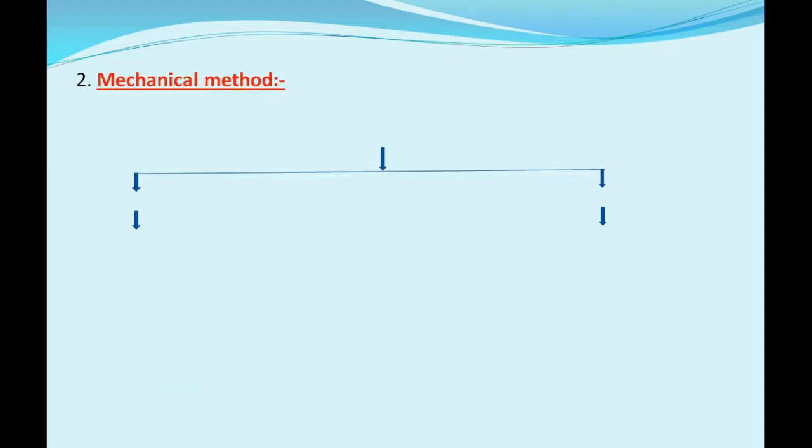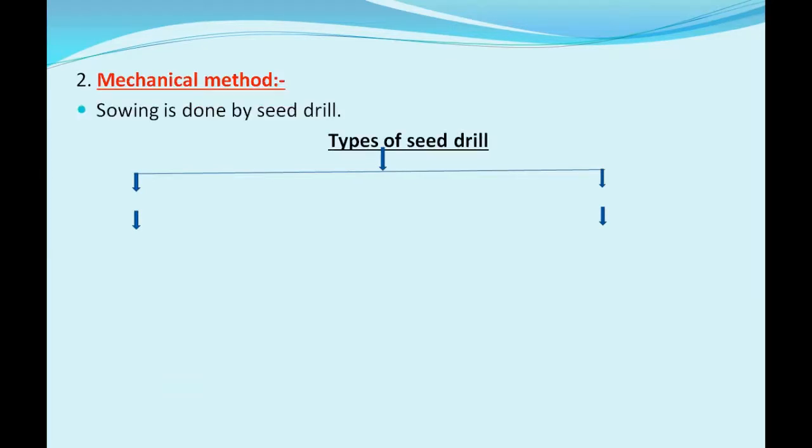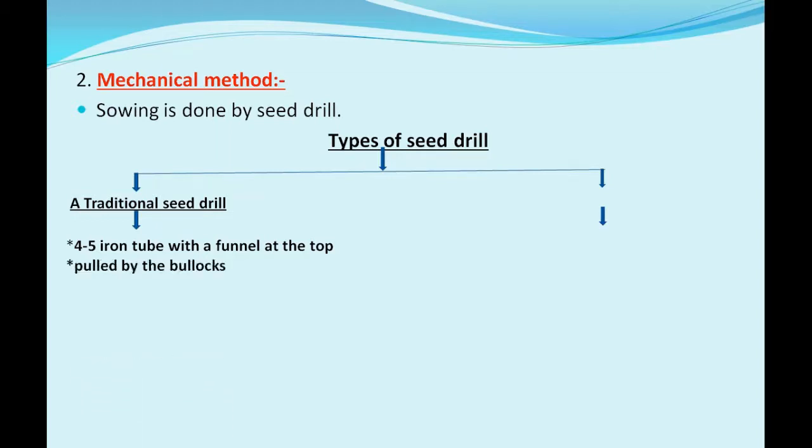Mechanical method. Sowing is done by seed drill in the mechanical method. There are two types of seed drill. First is a traditional seed drill. A traditional seed drill has 4 to 5 iron tubes with a funnel at the top. It is pulled by the bullocks.